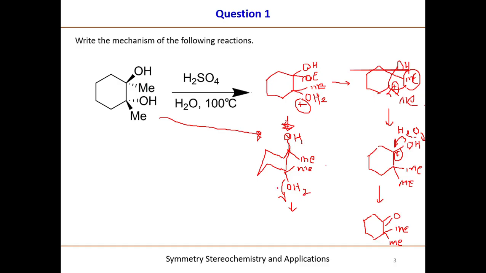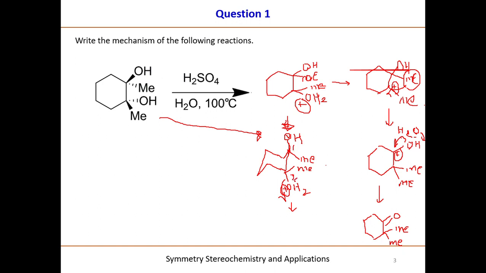I am writing directly, please understand, because it has become difficult to draw. This is the OH group with a positive charge, and then this OH group will be eliminated to form a carbocation over this carbon atom, carbon number 2.